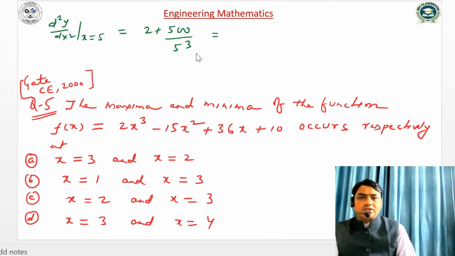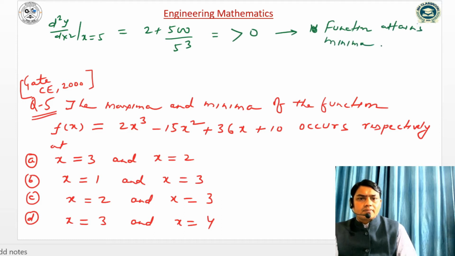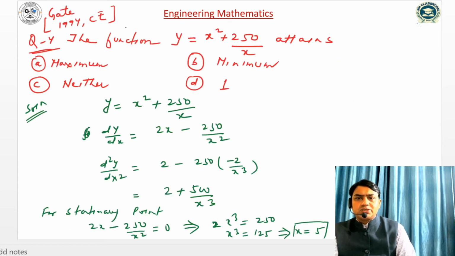So this value is greater than 0, so the function attains minima at x is equal to 5. So B option is correct.